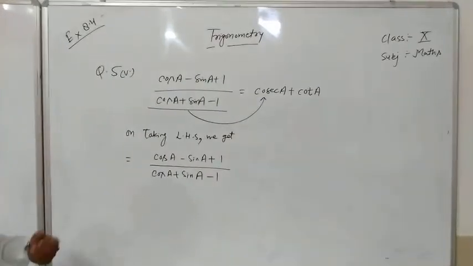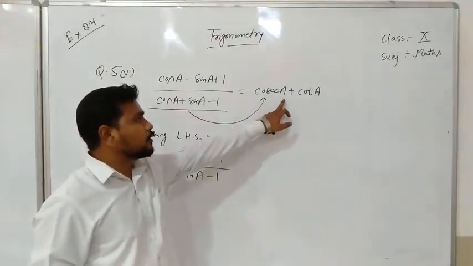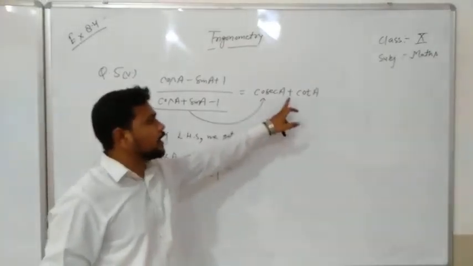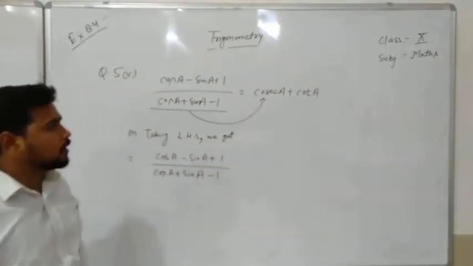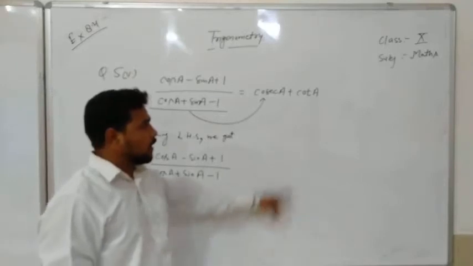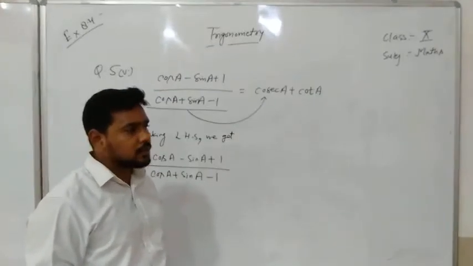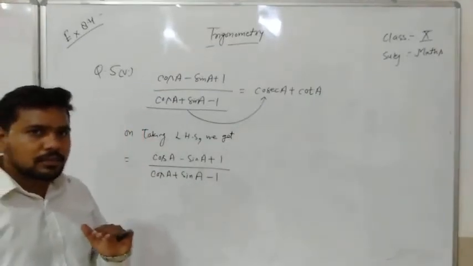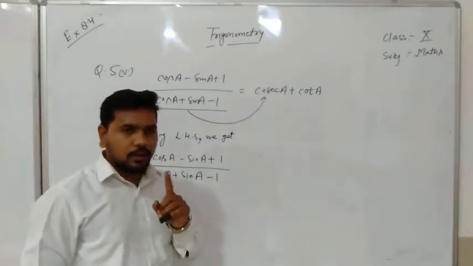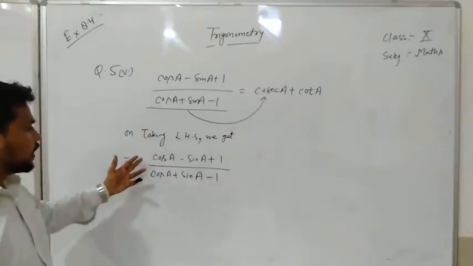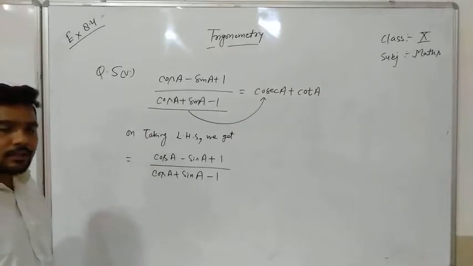Okay students, we will take a hint from here. We have to prove cosec A and cot A, and we know very well that cosec A is 1 upon sin A and cot A is cos A upon sin A, means sin A is always in the denominator. So we will divide the whole equation, or we can say the numerator and denominator, by sin A.